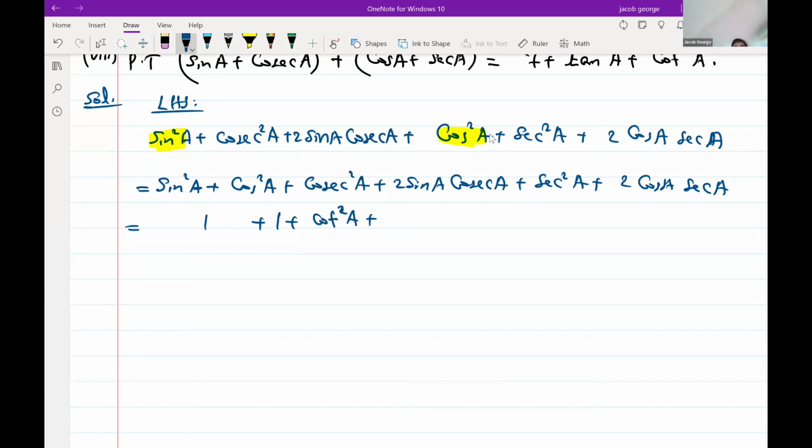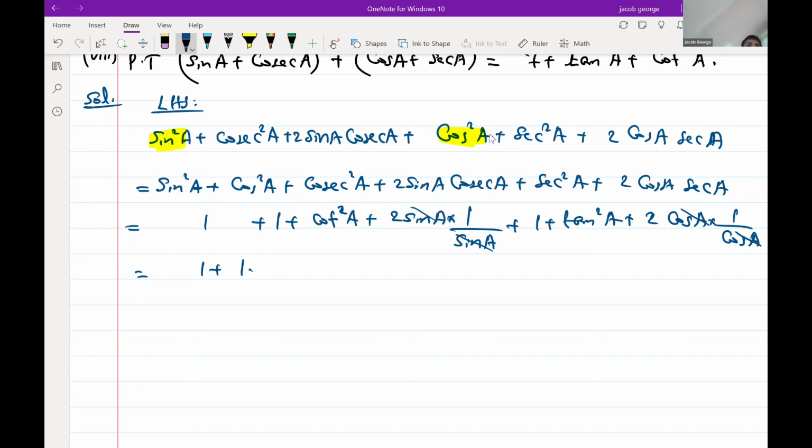Cosec square A is 1 plus cot square A. Then 2 sin A into cosec A, where cosec A is 1 by sin A. Sec square A is 1 plus tan square A, plus 2 cos A into 1 by cos A. Now we cancel out sin A and then cos A. Then we get 1 plus cot square A plus 2 plus 1 plus tan square A plus 2.